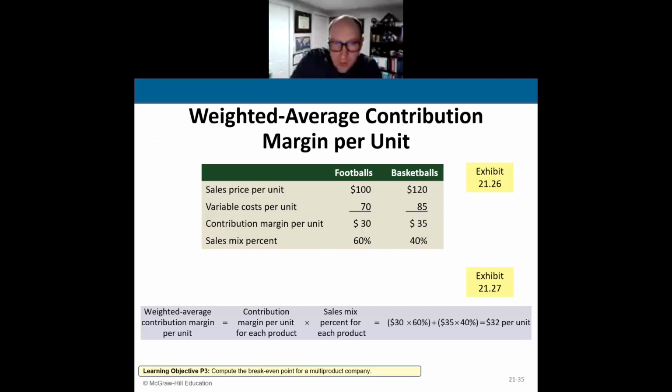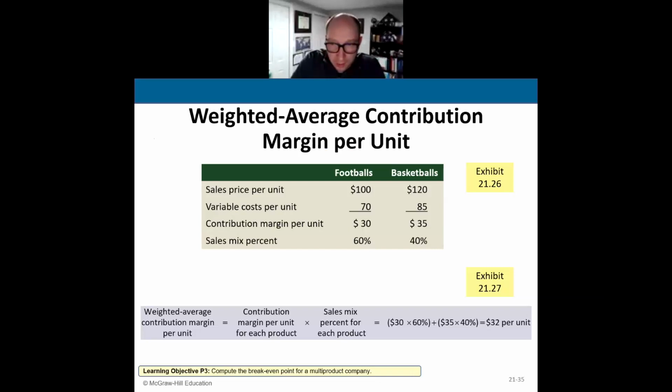To find the weighted average contribution margin per unit, we take the contribution margin per unit for each product and we multiply that by the sales mix percentage for each product. In other words, we're finding the average.